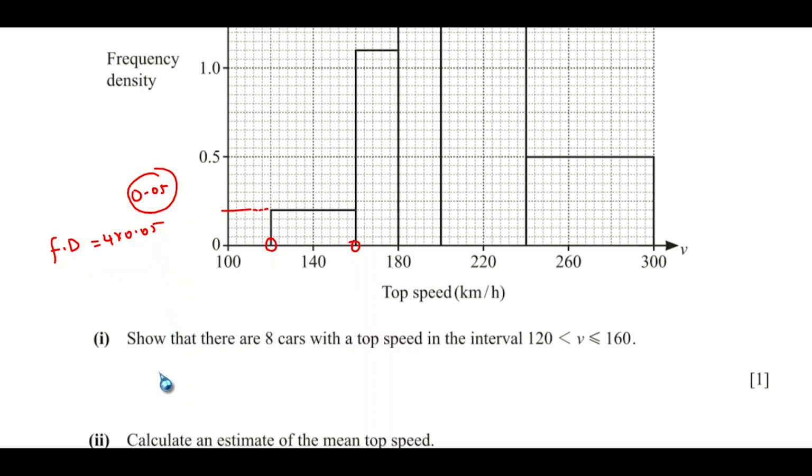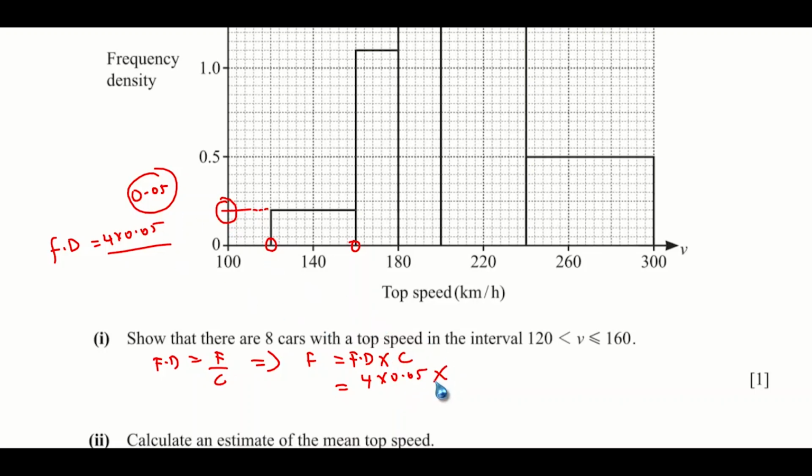So we have a formula here. The frequency density is equal to frequency over the class size, which implies that frequency will be equal to frequency density multiplied by the class size. So the frequency density is this, I'll just put it as 4 times 0.05. That gives the frequency density of this spot.